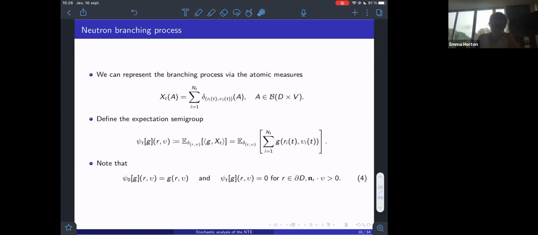So we can already see that the expectation semigroup that I've described here matches the initial and boundary conditions of the flux of the real physical system. And we want to understand in what sense this average behavior of the branching process really matches up with the flux of the real-life system.